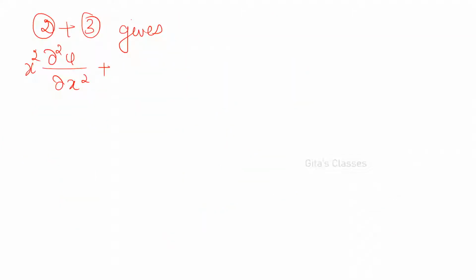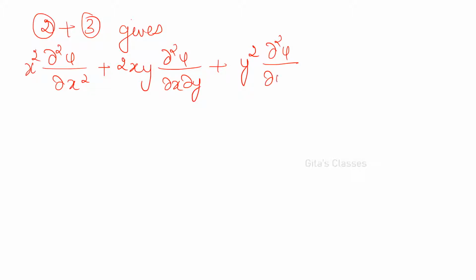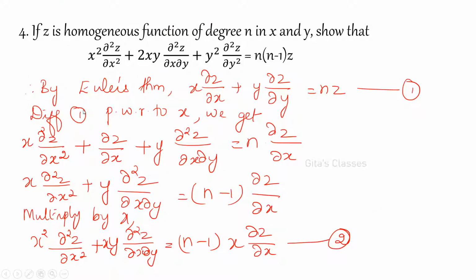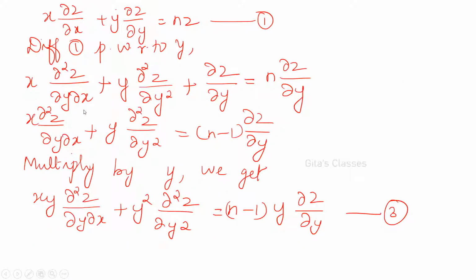So I am adding those two. So plus 2xy into ∂²z/∂x∂y, assuming that ∂x∂y and ∂y∂x are the same, right? Plus y squared into ∂²z/∂y² is equal to, on the right hand side, what do you have in equation number 2? You have (n minus 1) into x into ∂z/∂x. In equation 3, (n minus 1) into y into ∂z/∂y.